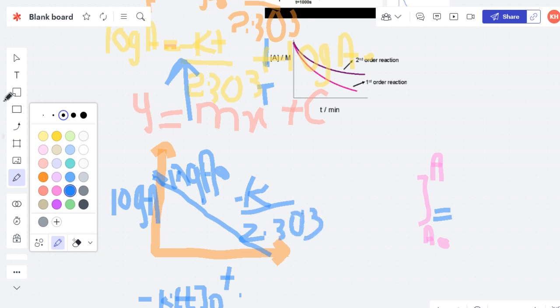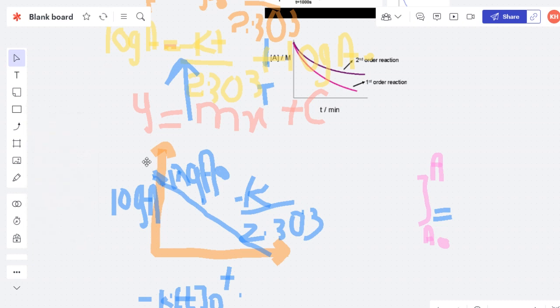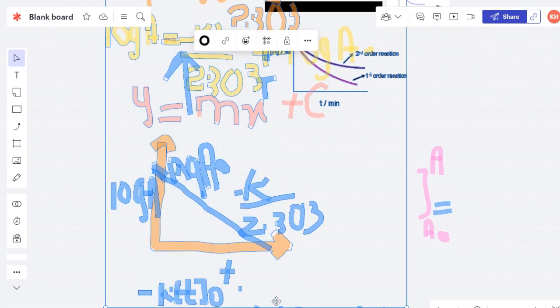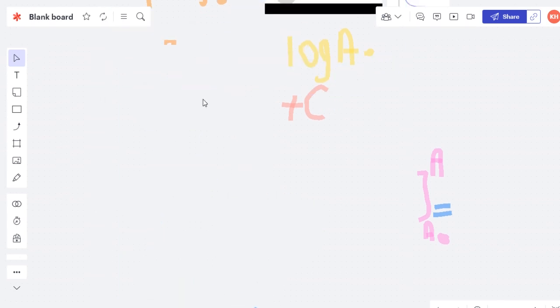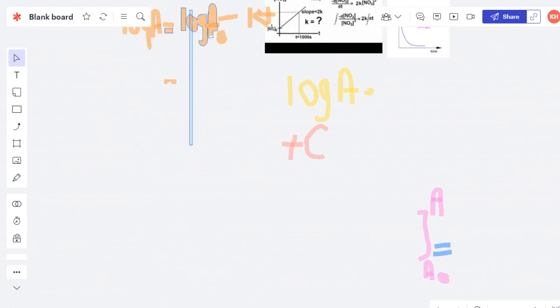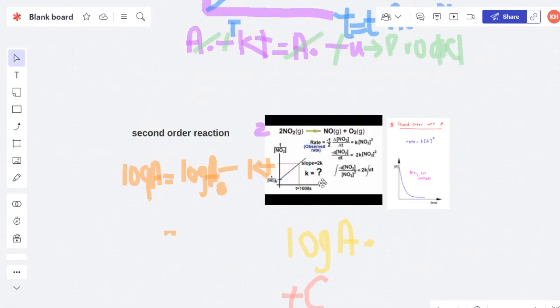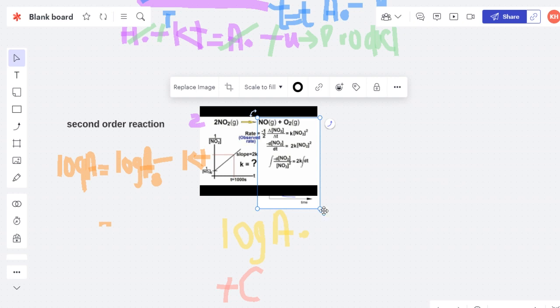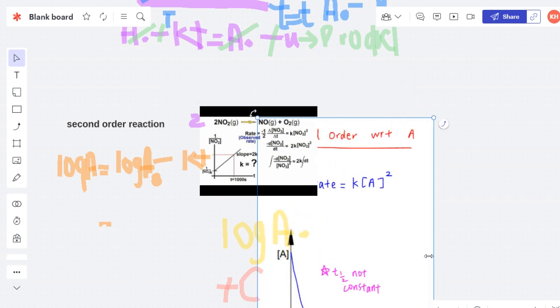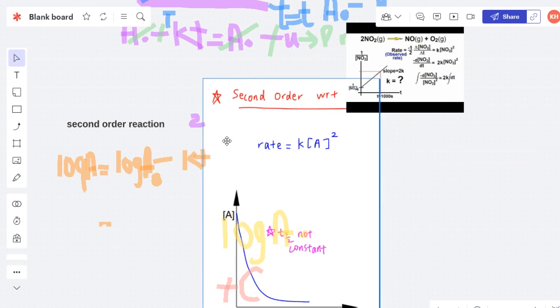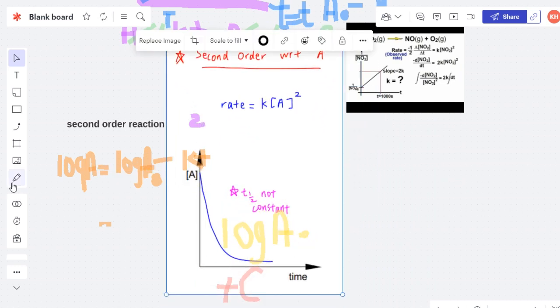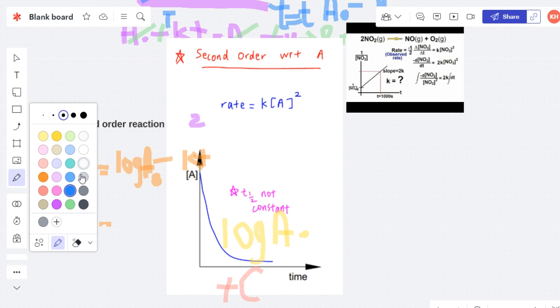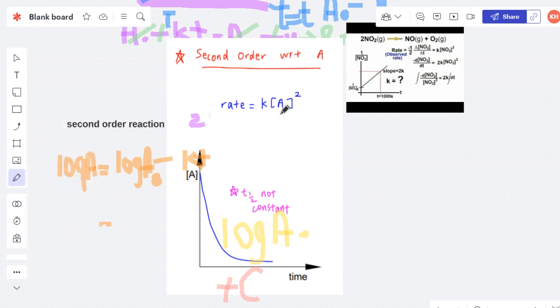But remember one thing, there's one more graph of first order reaction. Let's erase it. This is the graph that I was discussing now. And there's one more graph. If you want to draw the graph of this equation, it's a straight line drawn something like this.